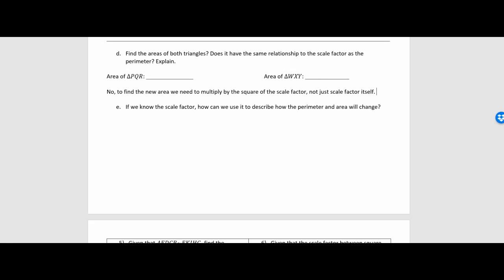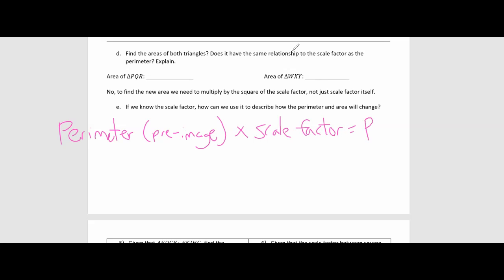Part E asks us to sum everything up. It says, if we know the scale factor, how can we use it to describe how the perimeter and area will change? This is going to be an important box to know for future questions, quizzes, and exams. So the perimeter of the pre-image times the scale factor will give you the perimeter of the image.